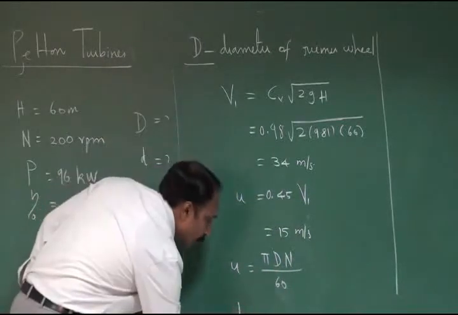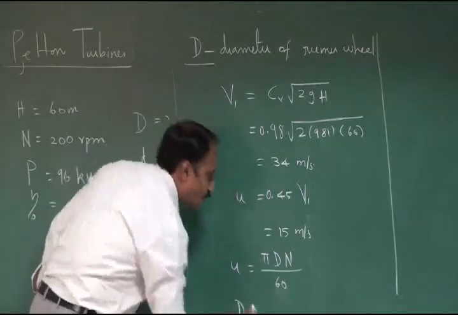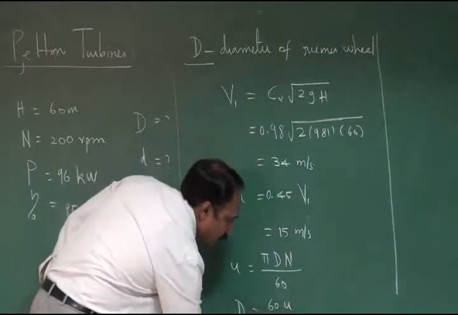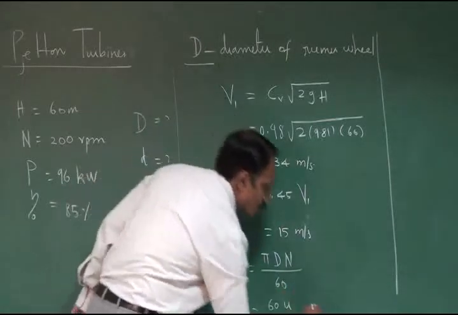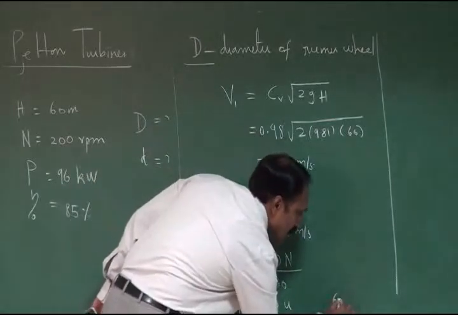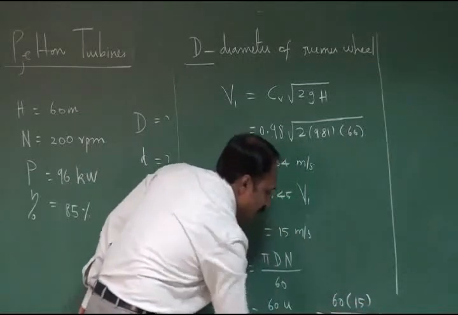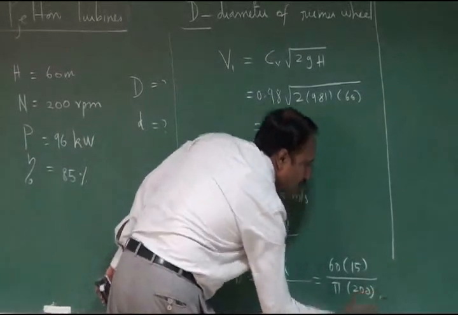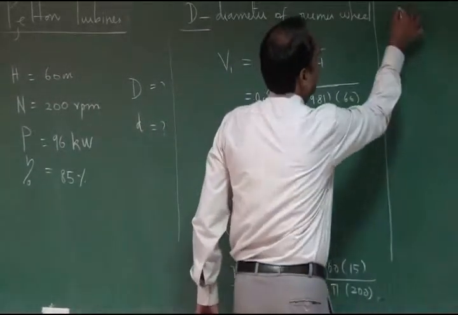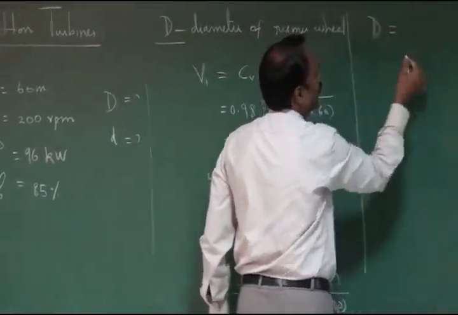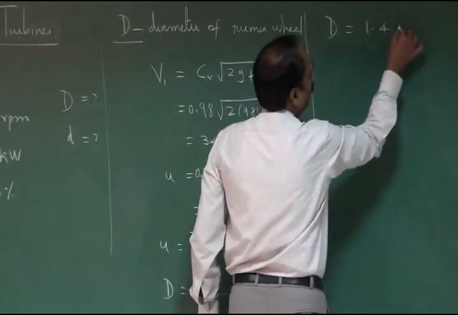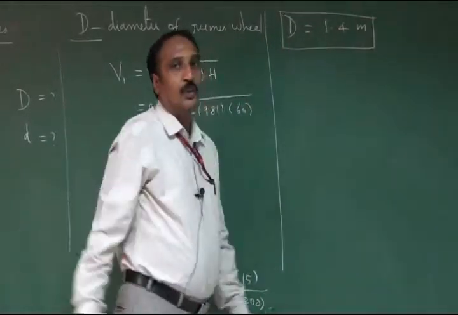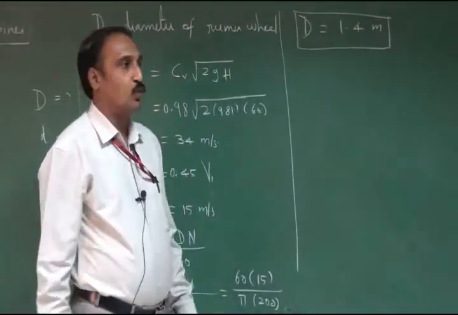So the diameter of the runner wheel equals 60 times the tangential velocity divided by pi N. So it's equal to 60 into 15 meter per second divided by pi into the speed, given as 200 rpm. With this, we get the result: the diameter of the wheel is equal to 1.4 meter.